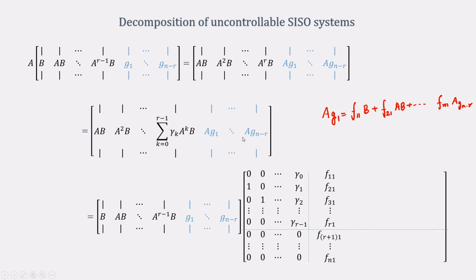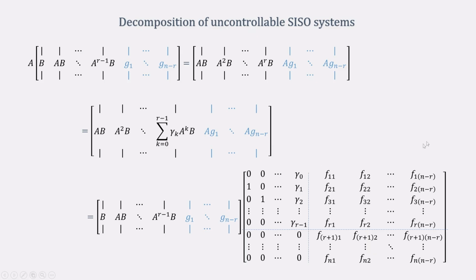In the same way, AG2 and likewise AG n minus r also can be written down, and this is what the A hat matrix will look like. Remember, this was your Q, this is your A hat, this is your A, and this is your Q. So, A hat has this nice structure. What is the structure like?